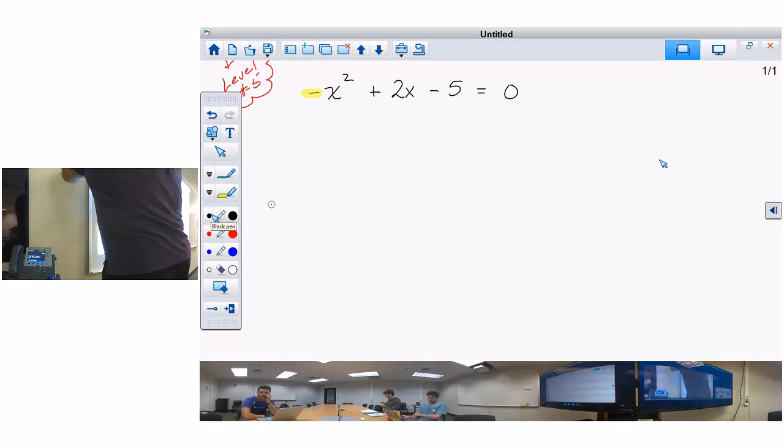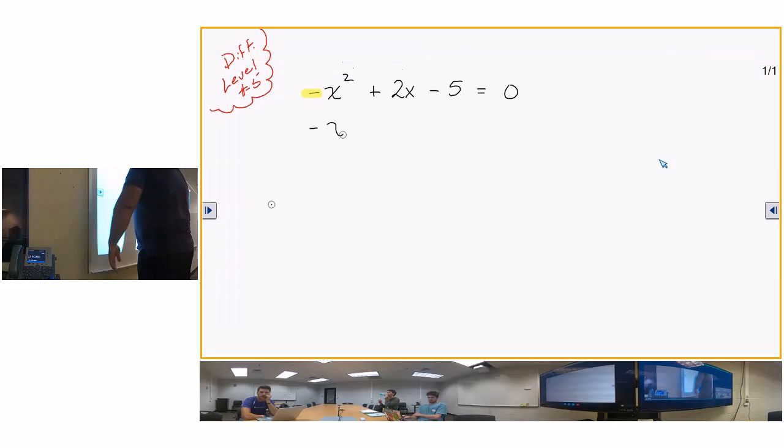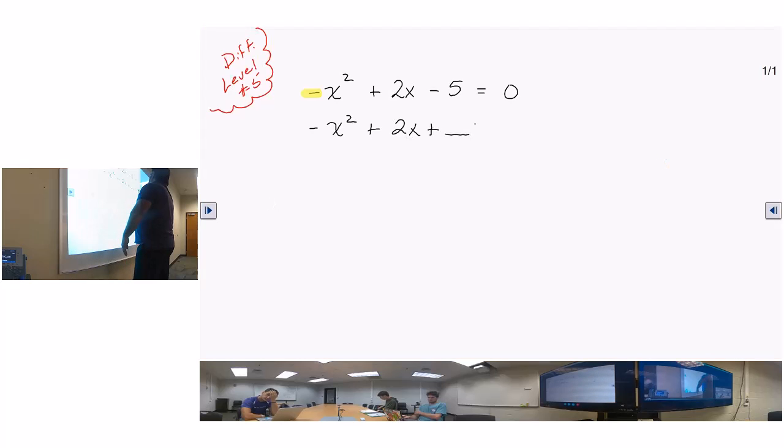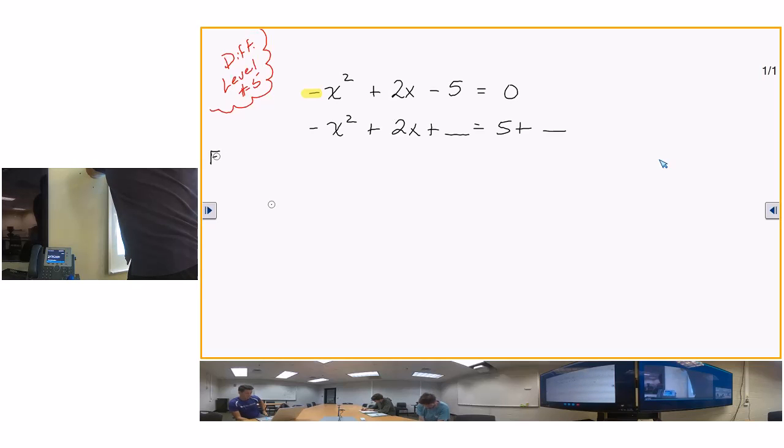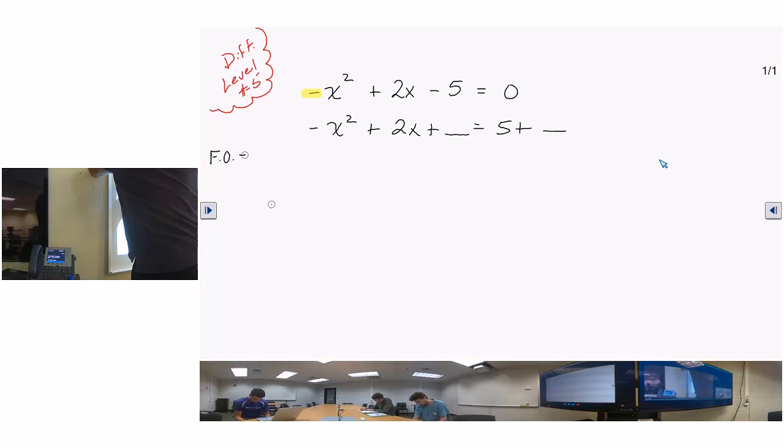So the first thing I'm going to do is move C: -x squared plus 2x plus blank is equal to 5 plus blank. Now I'm going to factor out the negative coefficient.